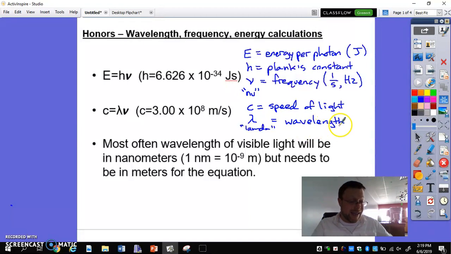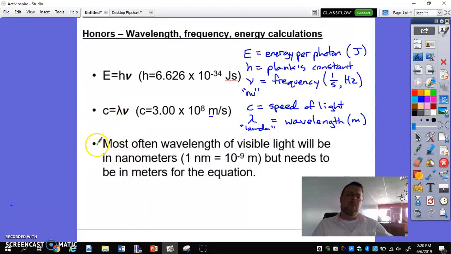Now, because this is just a length and we're working in the metric system, this length is going to be expressed in regular old meters. Okay? And it's very important that if you substitute a wavelength into this equation, you make sure that that length is in meters, or else it's not going to match with the meters portion of the speed of light constant that we have here. So the units of length in the speed and in the wavelength need to match each other.